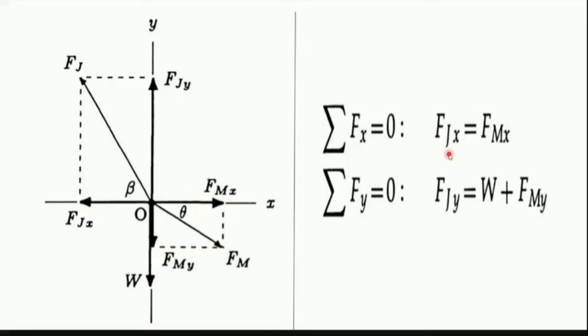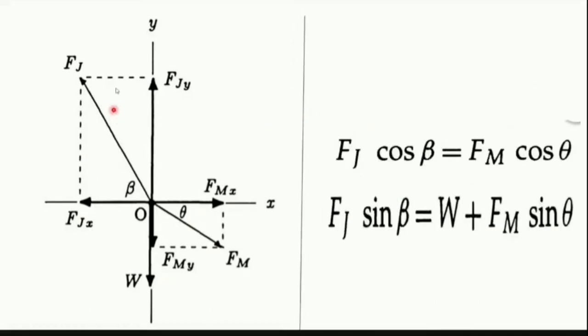So this is the first equation. And next, sigma Fy is equal to 0. So what are the forces acting in y direction? We have Fjy in positive y direction and Fmy and W in negative y direction. So summing up and writing the equation, we'll have Fjy is equals to W plus Fmy. Right?